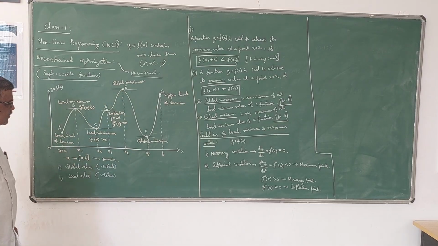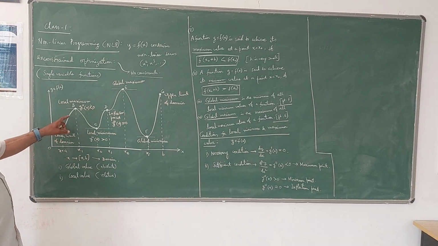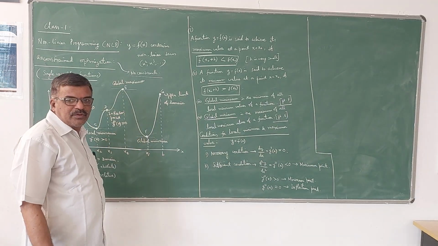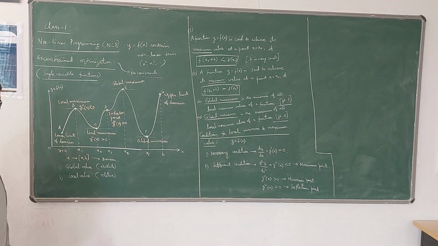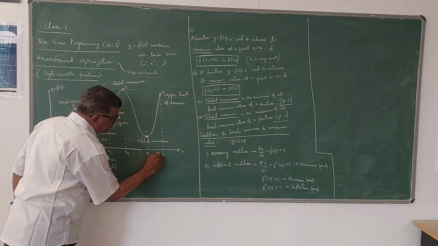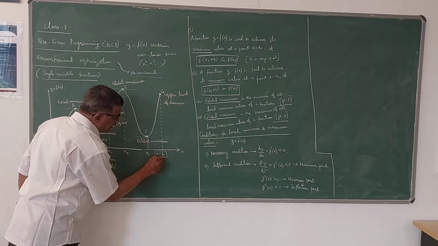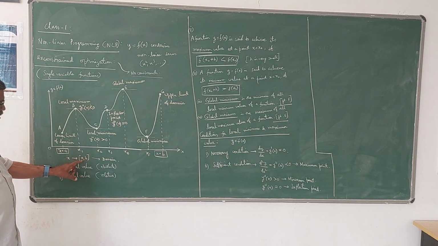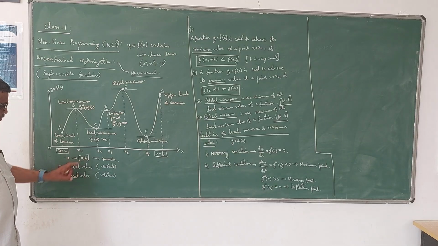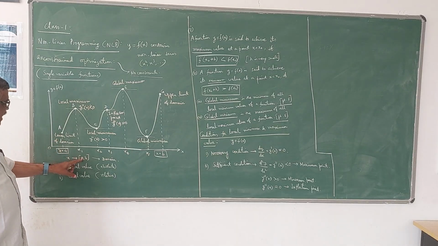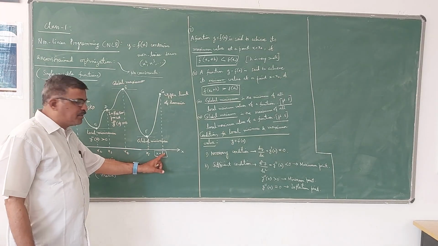It's a curve. I have marked some points on this graph: a, b, c, d, e, f, g. The x value I have taken from x is equal to a to x is equal to b, so the range is a to b, which is called the domain, including a and b. The lower limit of the domain is a, the upper limit is b.